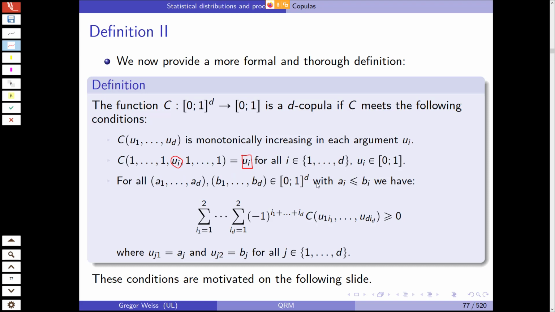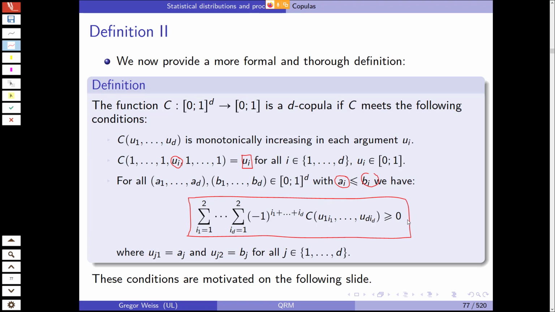And if you have 2 elements, a and b, from the d-dimensional unit hypercube, where each argument ai is smaller or equal than bi, and you combine it in this way, what you get is equal to or larger than 0.